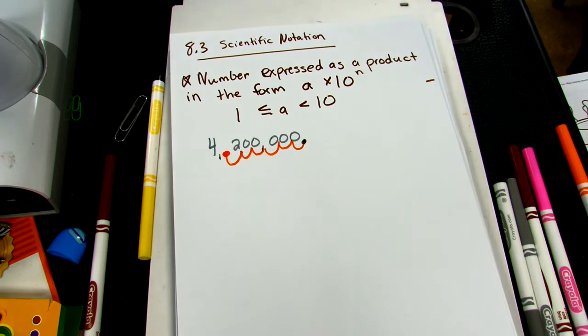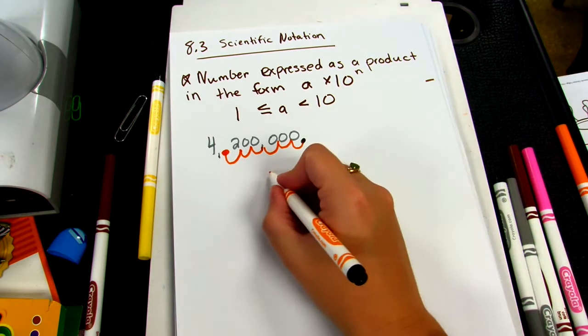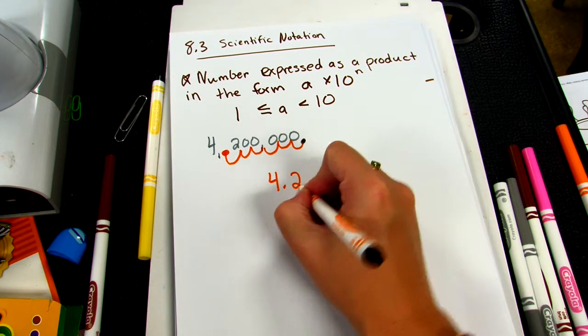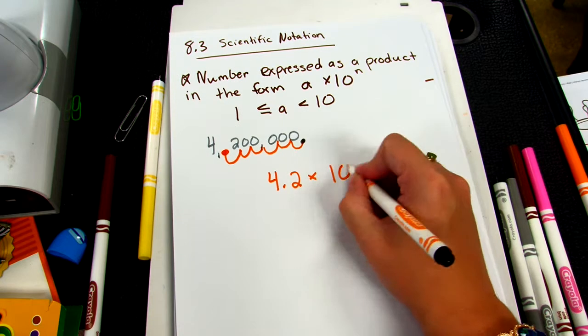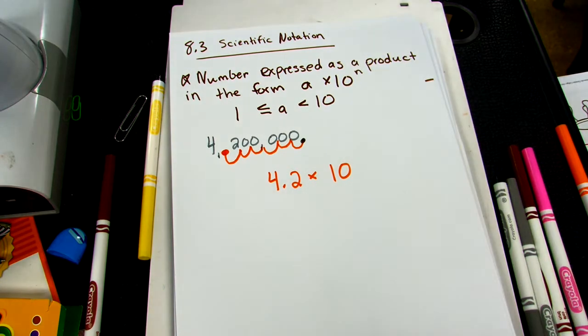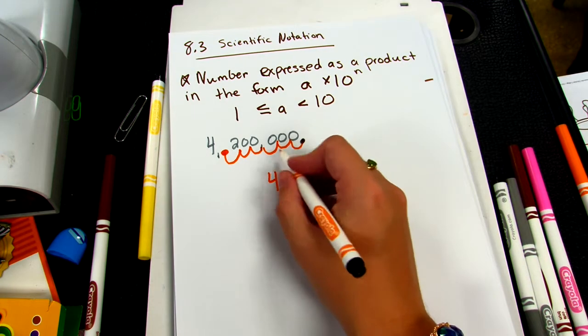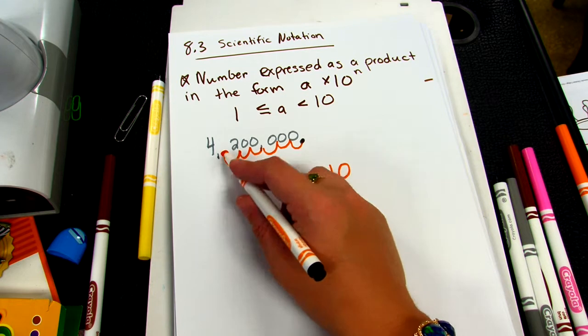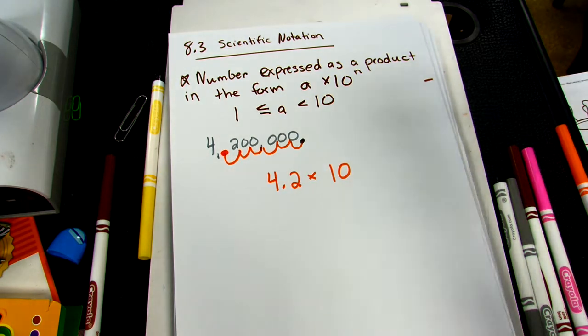Now 4.2, that is a number less than 10. So our A is going to be 4.2. Okay, now all we have to figure out is, what is the n? To figure out the n, well, how many places did you have to move your decimal? 1, 2, 3, 4, 5, 6. We had to move it 6 times.